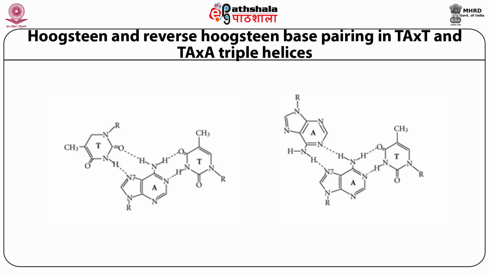On the right side, we show a reverse hook chain base pairing between 2 adenines, like N6H and N1 hydrogen bond with N7 and N6H of the other adenine.